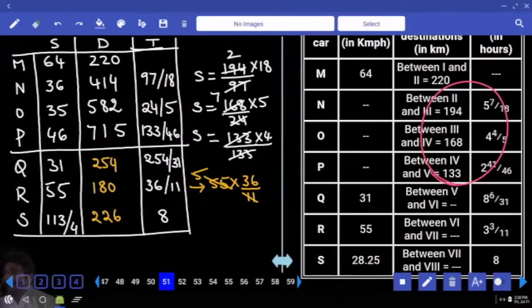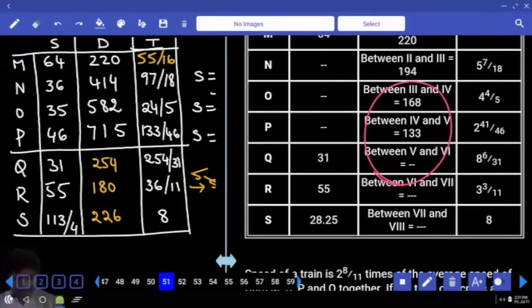So now we have all the values except time in M. Time in M is equal to 220 distance by speed, which is 64. Correct? Cancellation with 4. Numerator is 55. Denominator 16. 55 by 16.